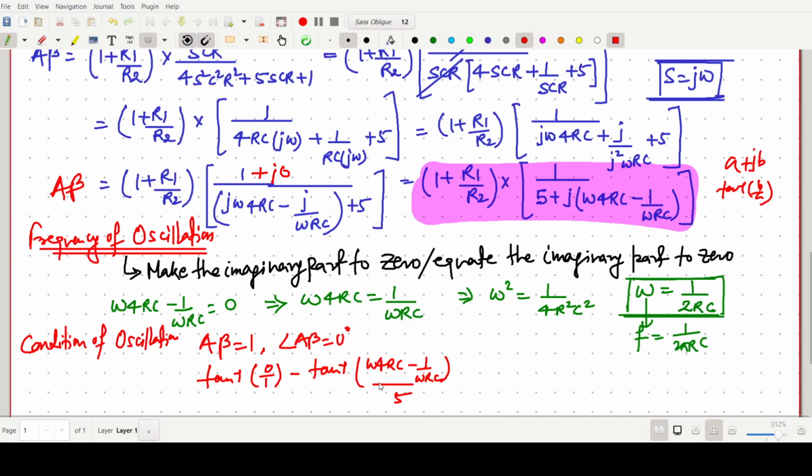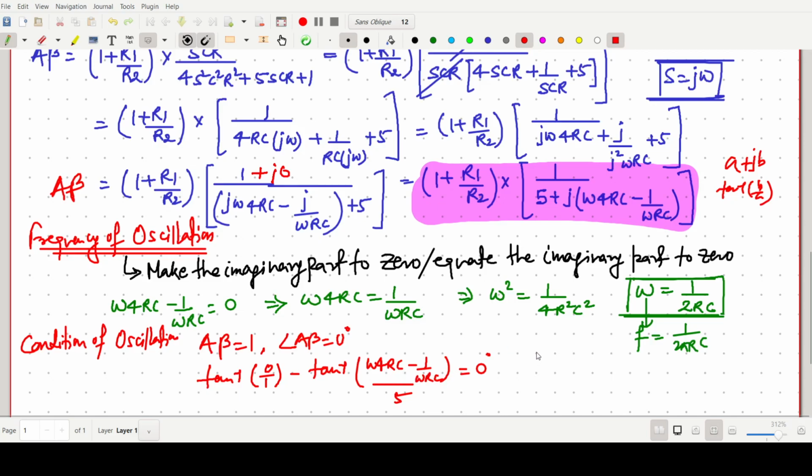So it should be tan inverse omega RC, and this will be 0, means tan inverse omega 4 times of RC minus 1. This one is the value of y or b by x equals to 0 degree. So this value will be 0.